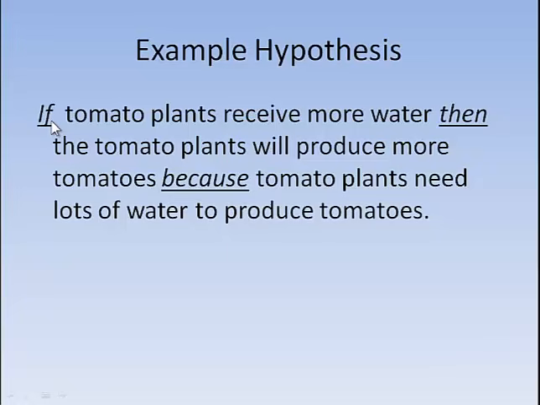So I put if tomato plants receive more water, then I make a prediction about what will happen to the DV, which in this case the dependent variable is how many tomatoes I get. So my prediction is the tomato plants will produce more tomatoes, and then I give a scientific reason after because. And my scientific reason is tomato plants need lots of water to produce tomatoes.